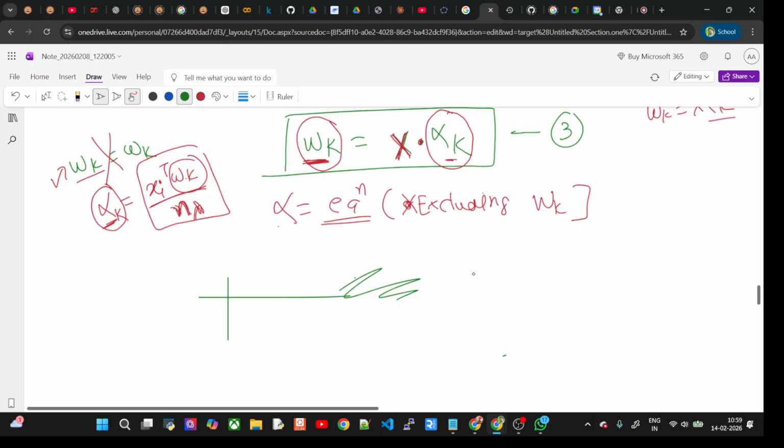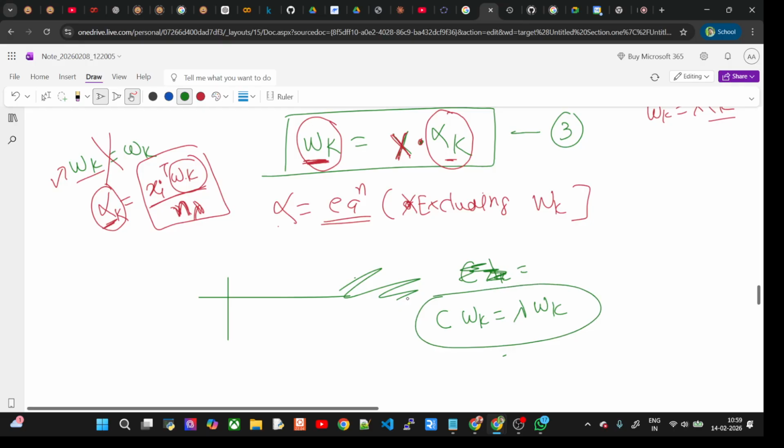So what we know, earlier we found that c into wk equals lambda into wk. This is the equation we had earlier.